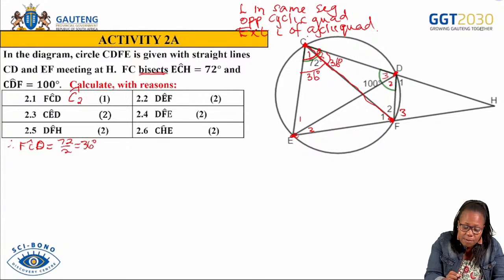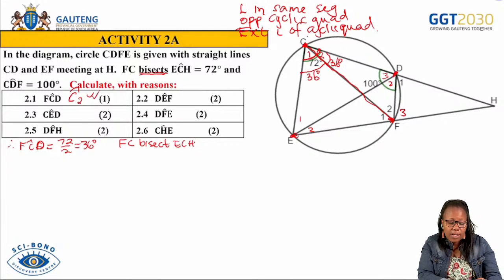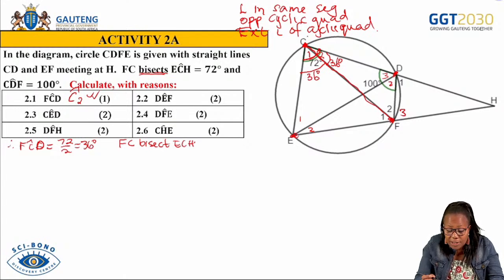Where does it come from? It is because they've indicated that FC bisects angle ECH. Done. Okay? And then now 2.2, DEF. Let's check what is DEF. DEF. Can you see we are talking about E2?